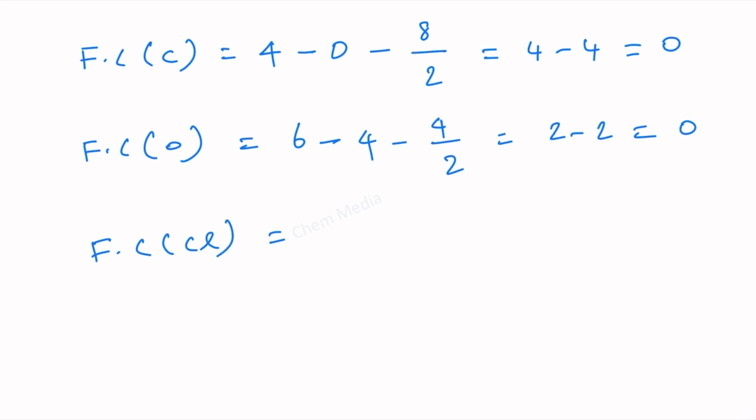Therefore, this is equal to, we have 7 valence electrons in chlorine, minus we have 3 lone pairs, that means 6 here, minus we have only 1 bond between carbon and chlorine, therefore 2 by 2. Therefore, this is 1 minus 1, that is equal to 0. Therefore, the formal charge of each atom in carbonyl chloride is 0.